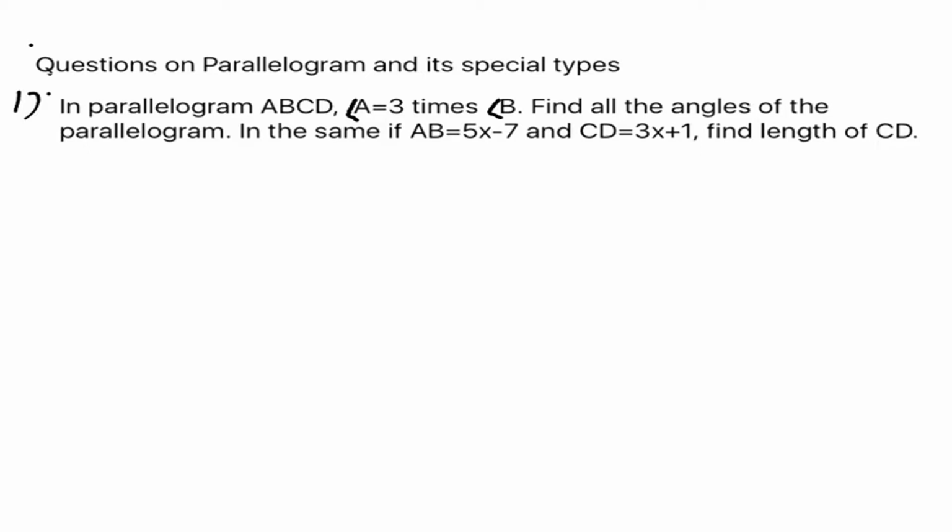So for this, let's construct a parallelogram and name it ABCD and mark all the given parameters. So it's a parallelogram A, B, C and D. In this we are given angle A is 3 times angle B, meaning this angle is 3 times this angle, right?